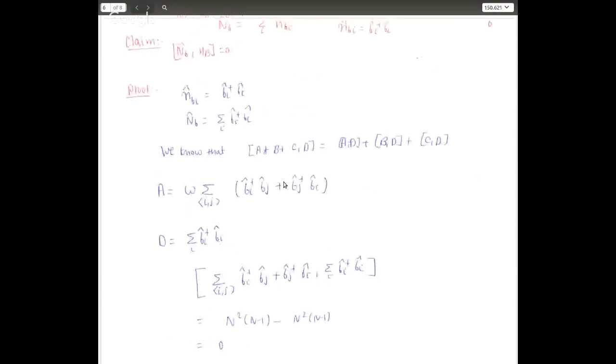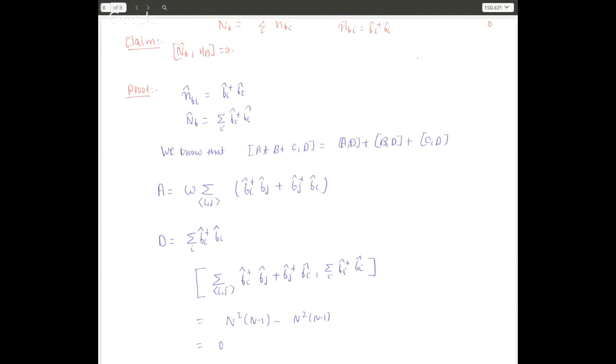That basically means this number operator is a conserved quantity, right? Because that's how we define a conserved quantity in quantum mechanics. Like in classical mechanics, if the Poisson bracket of a quantity with the Hamiltonian is 0, then you say that quantity is conserved.